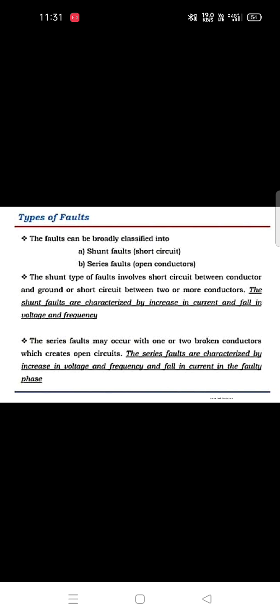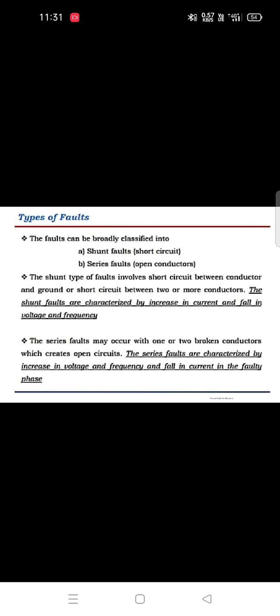The types of fault we saw: there are two types, shunt fault and series fault. We can also say shunt faults are short circuits and series faults are open conductors. The shunt type of fault involves short circuit between conductor and ground or short circuit between two or more conductors. The shunt faults are characterized by increase in current and fall in voltage and frequency.